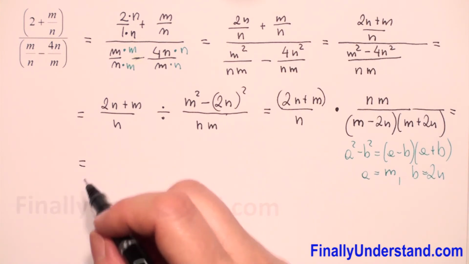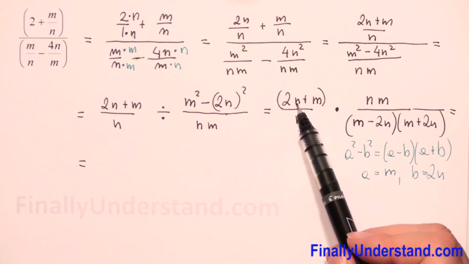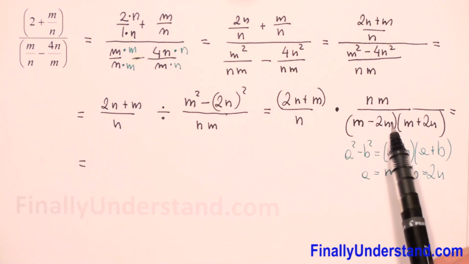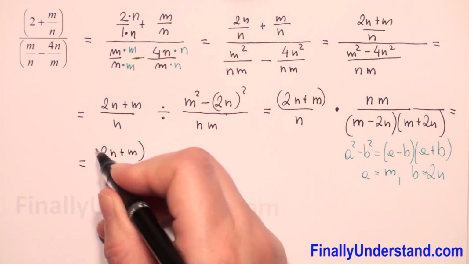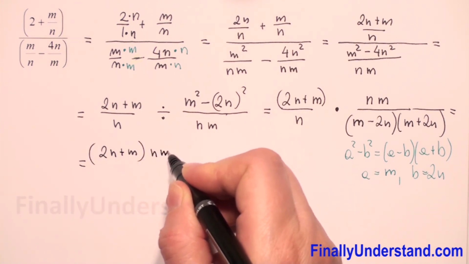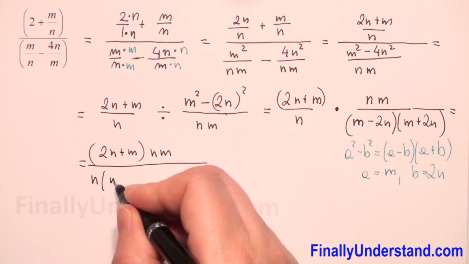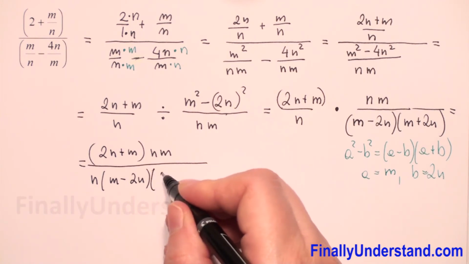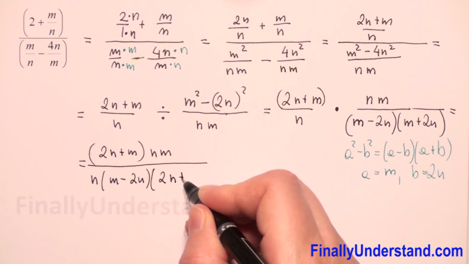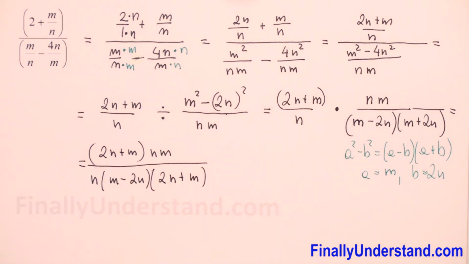Let's do this. For multiplication of two algebraic fractions, we multiply numerator times numerator, denominator times denominator. So we have 2n plus m times nm over n times m minus 2n, and like I said, first I will put 2n next to m, because in the parentheses in the numerator we have the same term now.